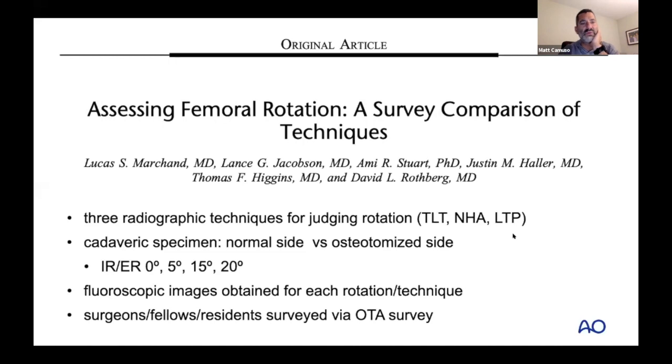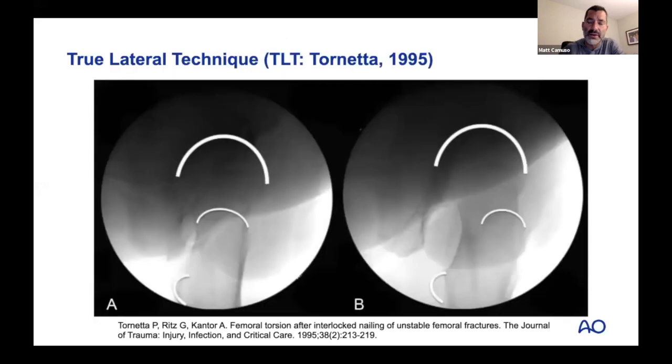Then they engaged surgeons, attendings, fellows, and residents via an online OTA survey to see who could identify those fractures that were malrotated, which direction they were malrotated, and they also compared the individuals to see who was better at it.